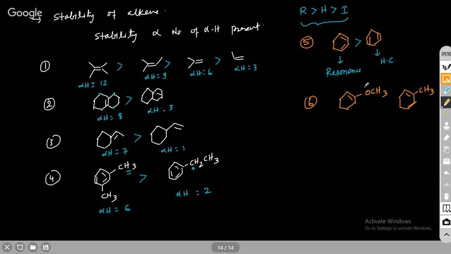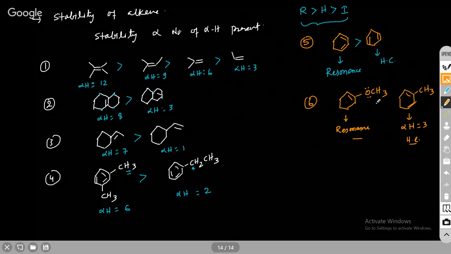So here we have a lone pair present on this, right? This lone pair is involved in resonance here. And here we have 3 alpha hydrogen, the number of alpha hydrogen is 3, and here we have resonance, correct? And this is hyperconjugation.